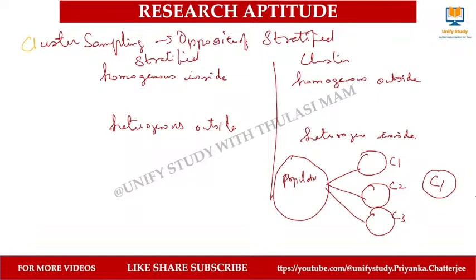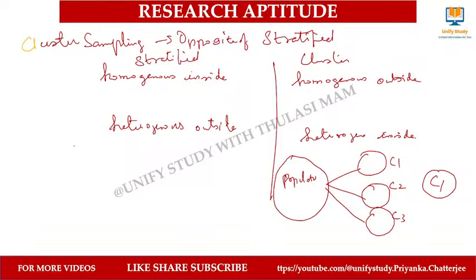So each cluster is a representative of the entire population. It is heterogeneous from inside and homogeneous on the outside, based on the individuals who reside inside.